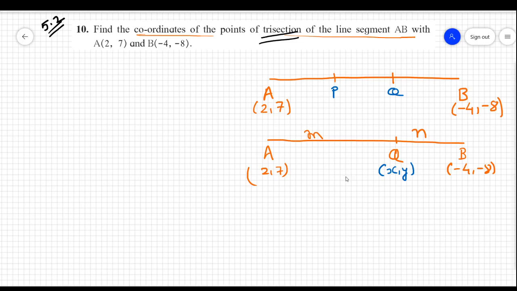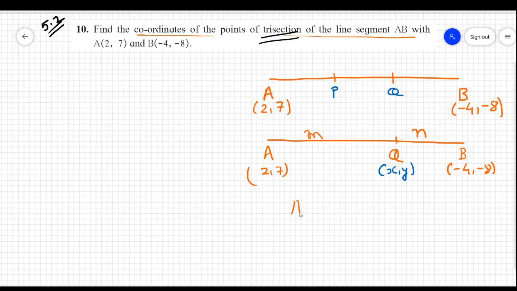So how will we do it? Remember, if it is trisection, that means AP equal to PQ equal to QB.